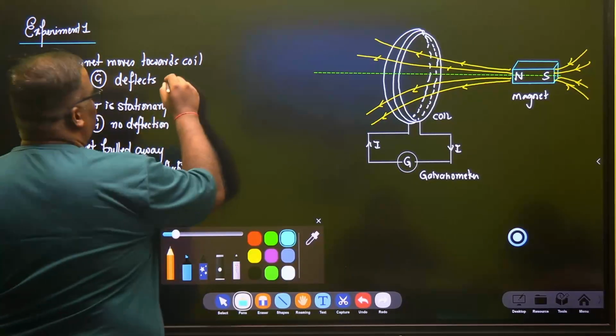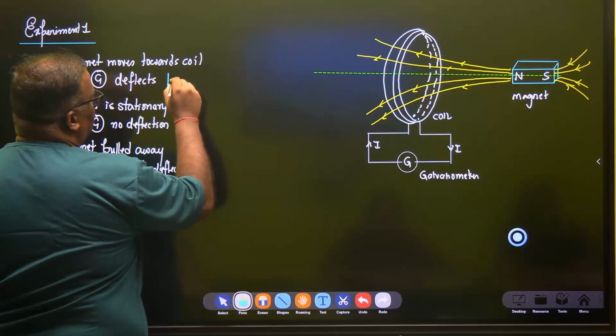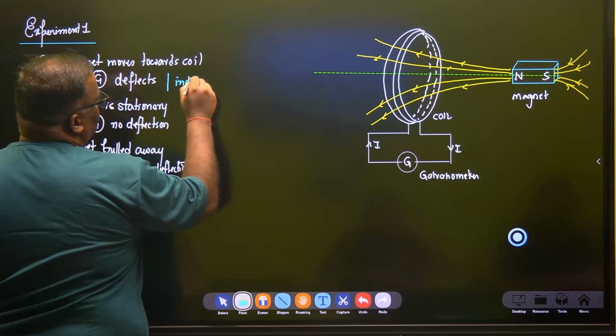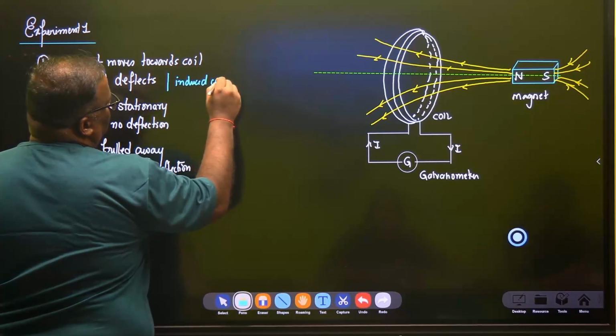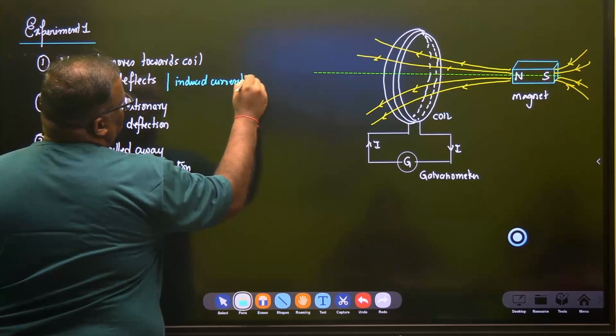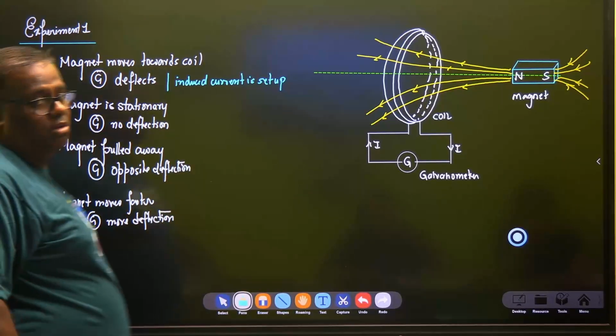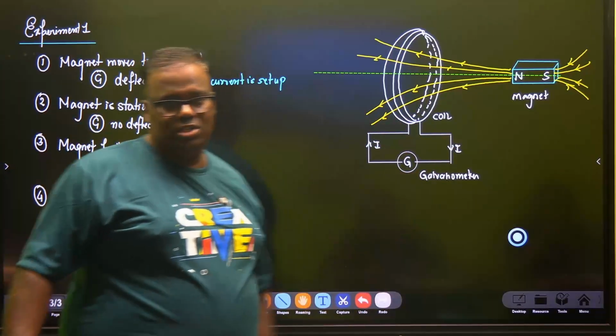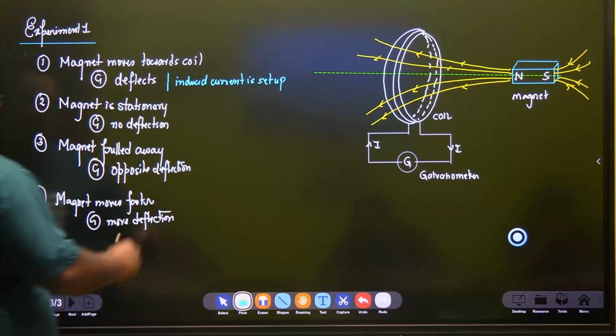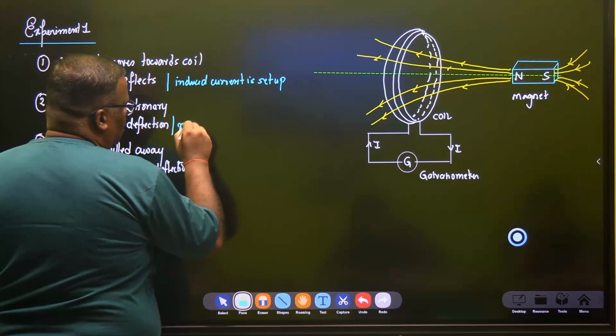G deflects. What is your conclusion? Induced current is set up. Why did I not use the word EMF here? Because I am connected in a closed circuit, so induced current is set up. No deflection, no current.